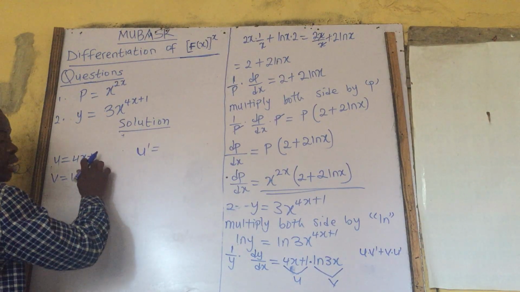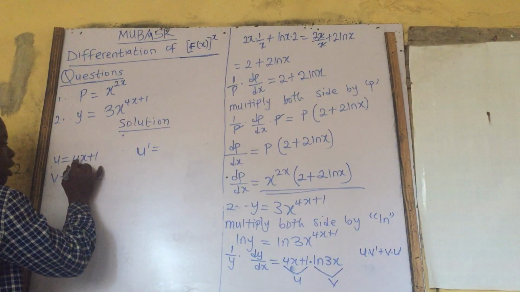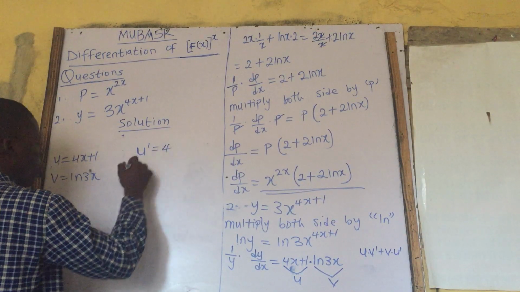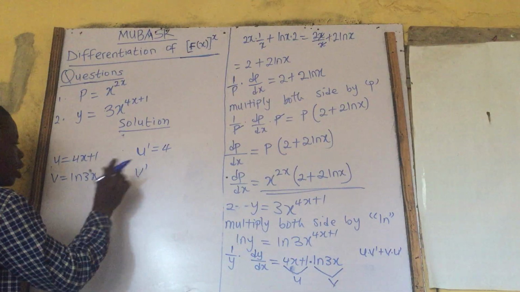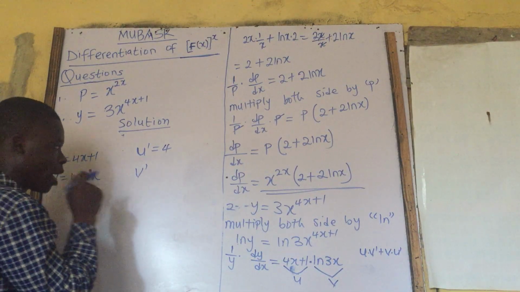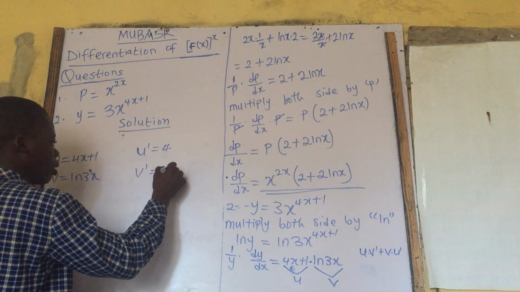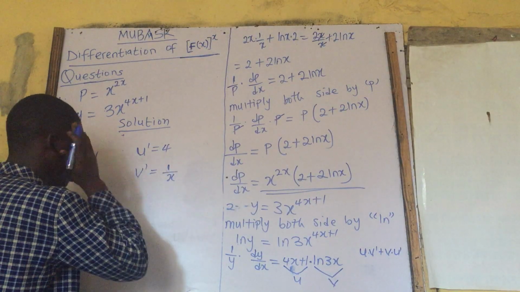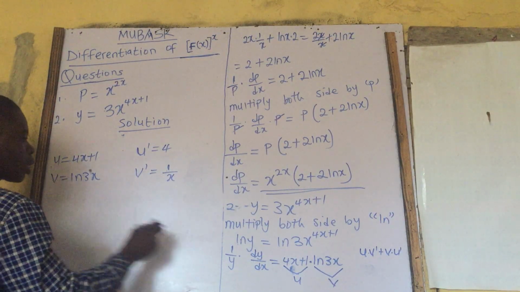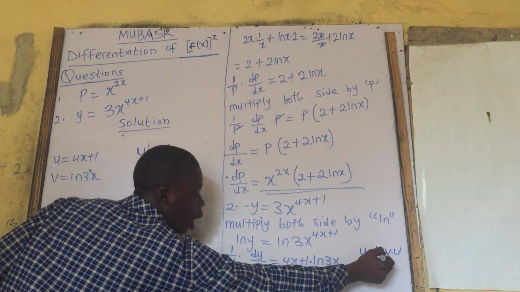Now our u prime is what? If we differentiate 1, it is 0, a constant is 0. If we differentiate 4x, it gives us 4. While our v prime, if we differentiate natural logarithm 3x, equals 1 over x. Now we can substitute into the formula.